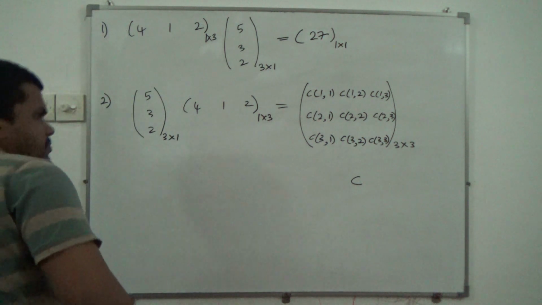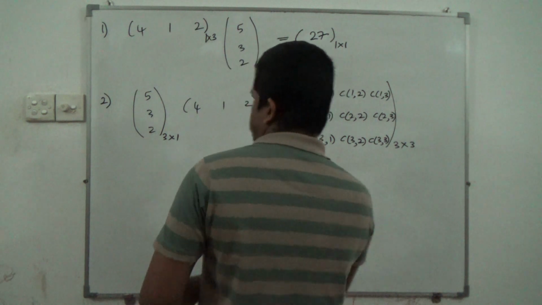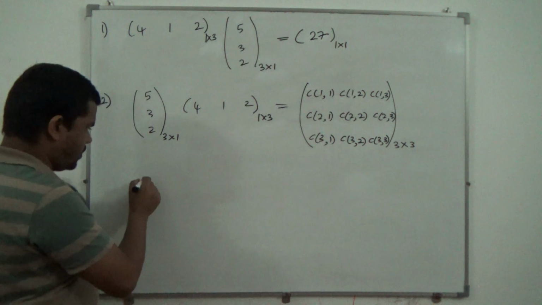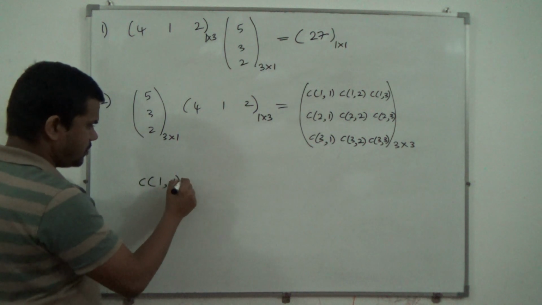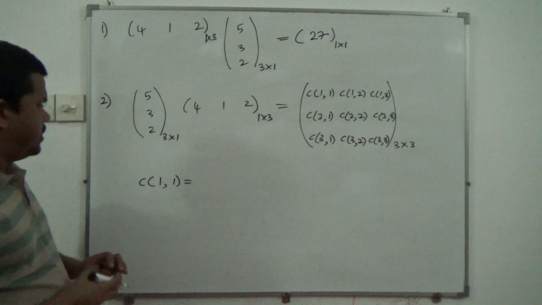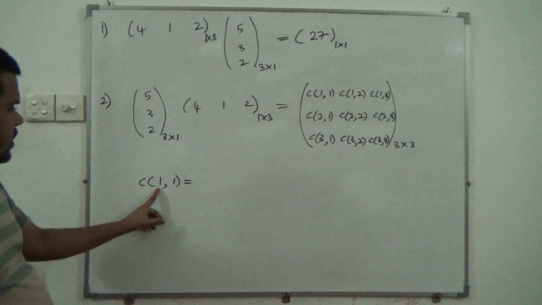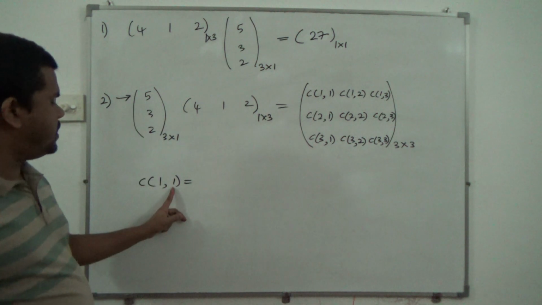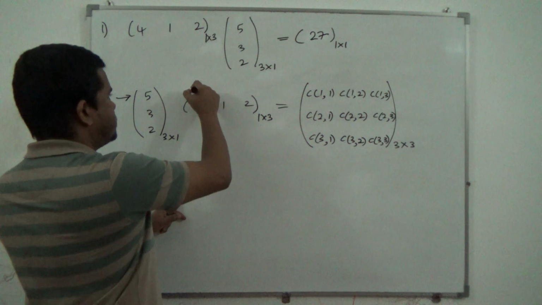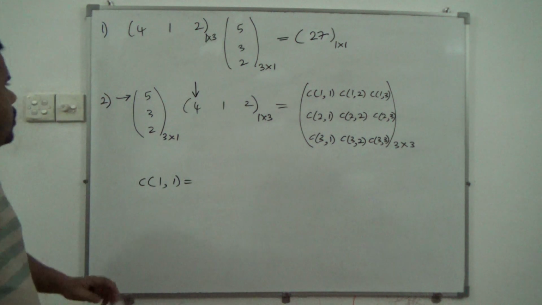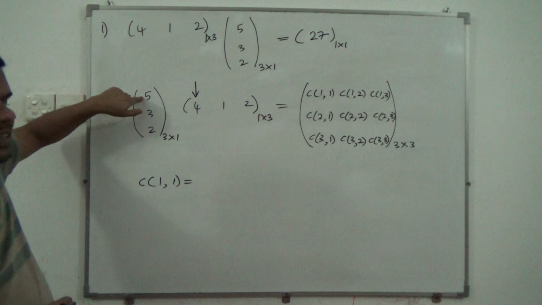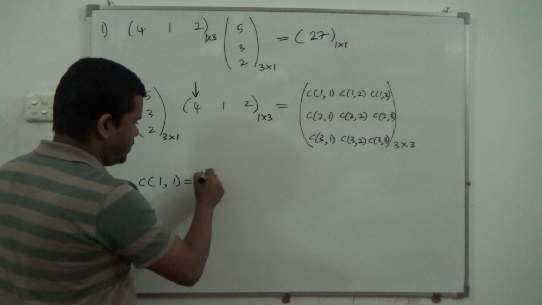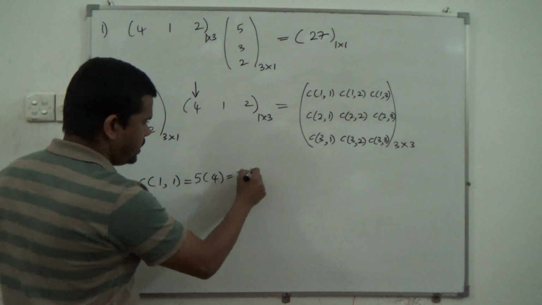So now let's try to find C1,1. In order to find this, in the first matrix, row number 1, and in the second matrix, column number 1. In this row we have only one element, and in this column we have only one element. Therefore 5 into 4, 20.